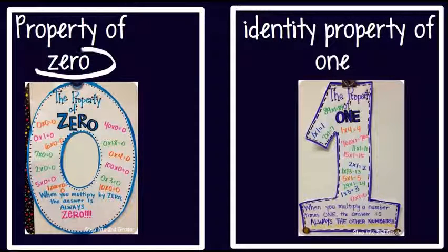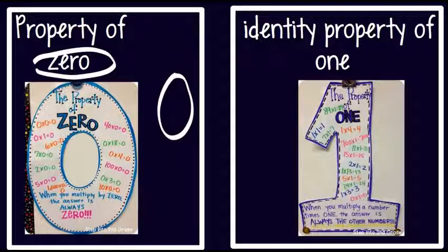We've got the property of 0, and the property of 0 says any number times 0 will always be 0. And you can look at some of the examples.